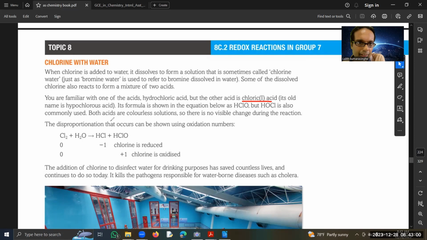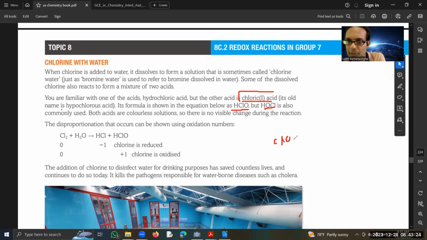Nowadays we can use the old name hydrochlorous acid. Like the old names for potassium permanganate, potassium manganate, we don't use that now, but still you can use the better name. This is the new name, chloric(I) acid. But if you forget this, hydrogen chlorate(I) is also fine.